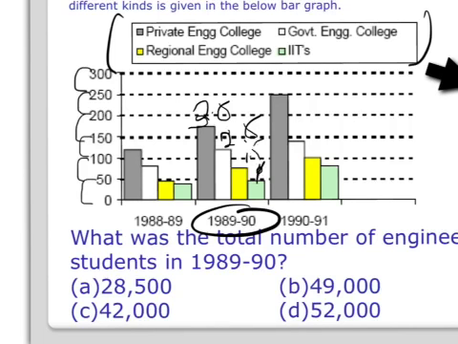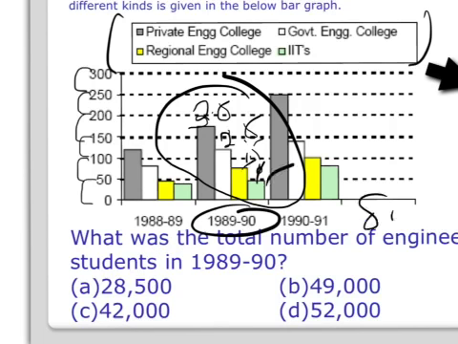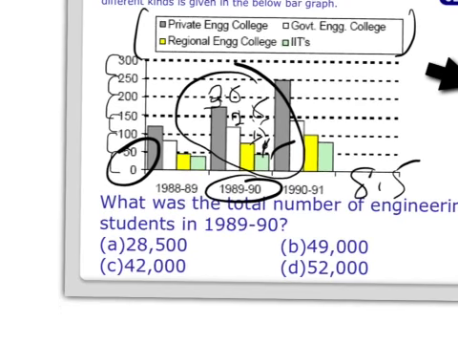So whatever answer you get, the actual answer is slightly less than that. 3 and 2.5, 3.5, 2.5, 6, 7.5, and 1, 8.5. 8.5 blocks, and one block is size 50. So 8.5 into 50, around 4250. So 42.5 into 1000, approximately 42,000. So 10 to 20 seconds to solve the question, if you solve it that way.